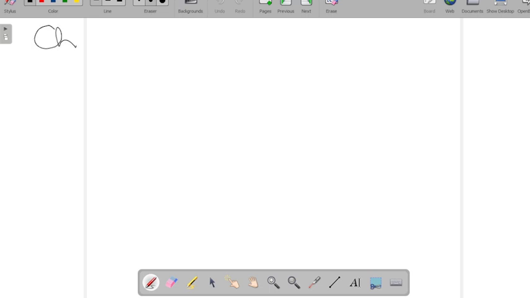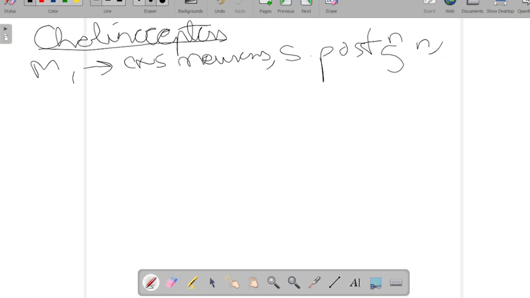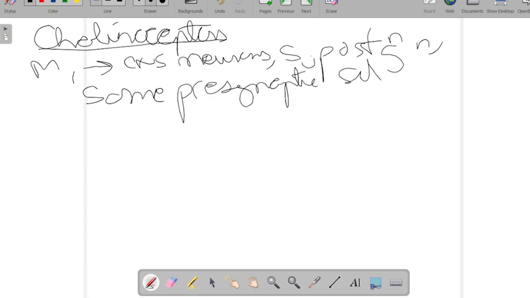So in cholinoreceptors, we'll discuss about the M1. So M1 is present in CNS neurons, right? Sympathetic postganglionic neurons and some presynaptic sites.